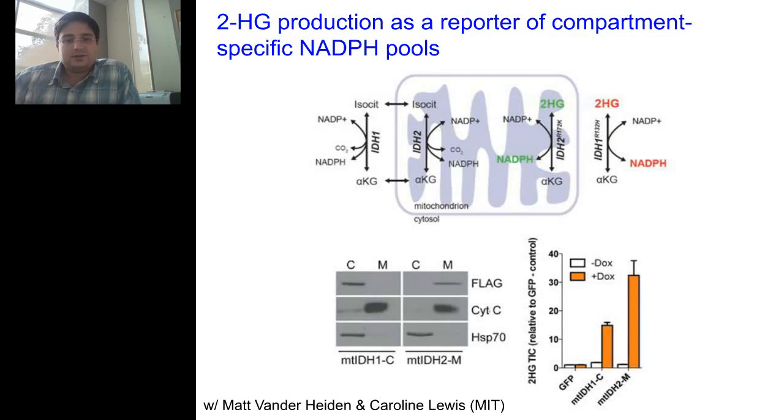So we next wanted to ask whether we can exploit some of the recently discovered IDH mutations to look at NADPH metabolism in particular in the mitochondrial compartment of cells. So as I described before, these mutant IDH1 and 2 convert alpha-ketoglutarate to 2-HG in the cytosol and mitochondria, respectively.